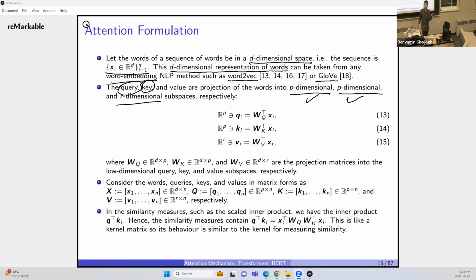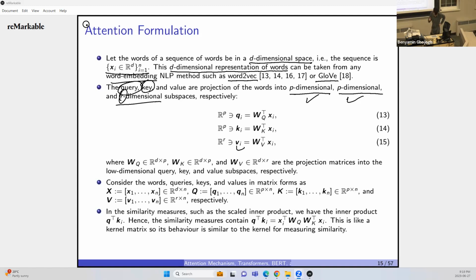How can you compare two vectors which are not of the same dimension? However, the dimensionality of value is our choice. We are learning them, and we denote it by r. So value is r-dimensional.